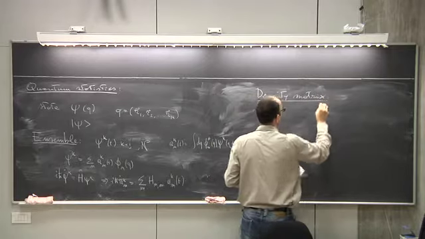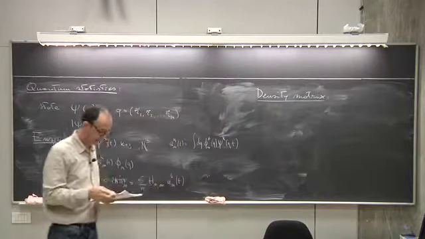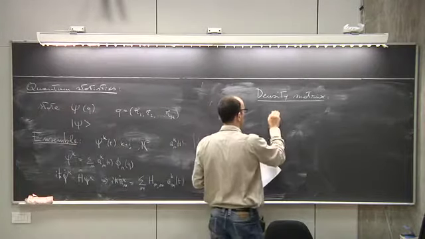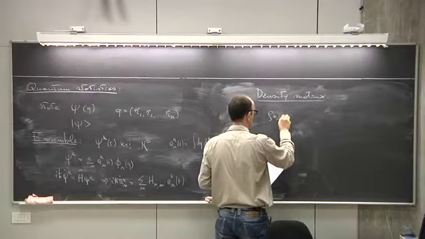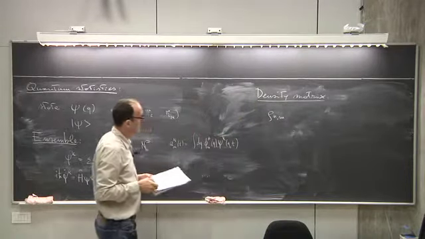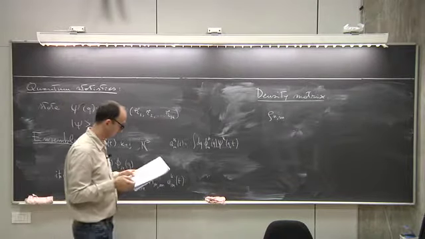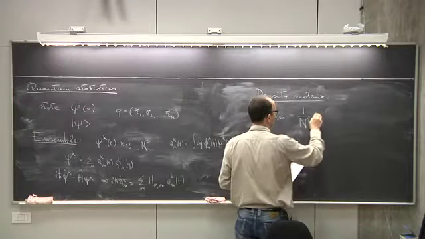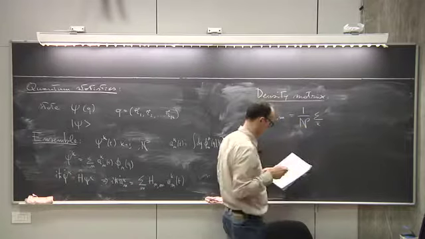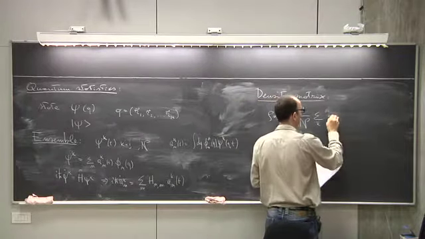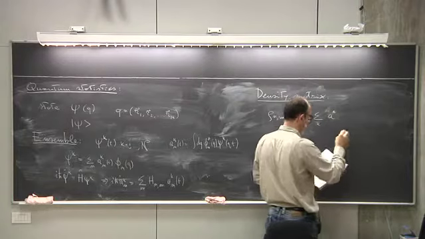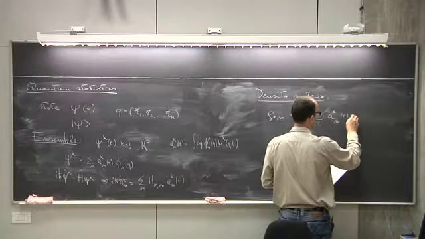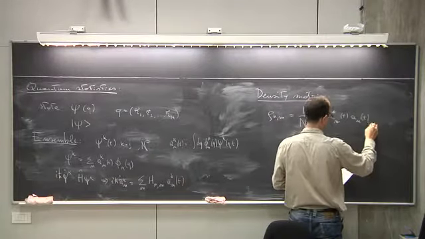And the density matrix is an operator, whose matrix elements are equal to an average over the ensemble, the sum over the copies of my ensemble, of a_m star of t, a_n of t.